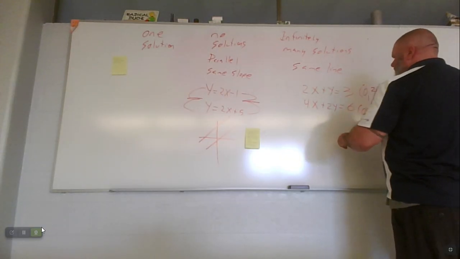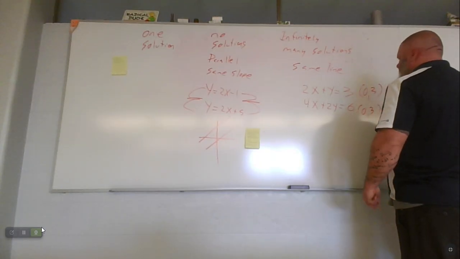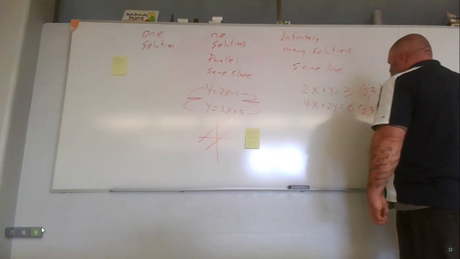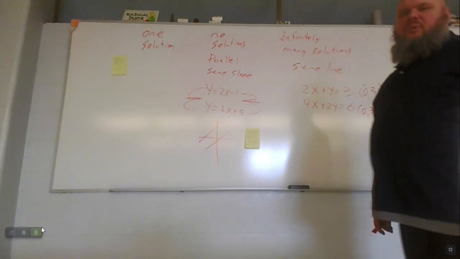When x is 0, y is 3. When y is 0, x is 3 halves. So you see they are the exact same line, therefore they have infinitely many solutions. This wraps up section 4.1. If you have any questions, send me an email.